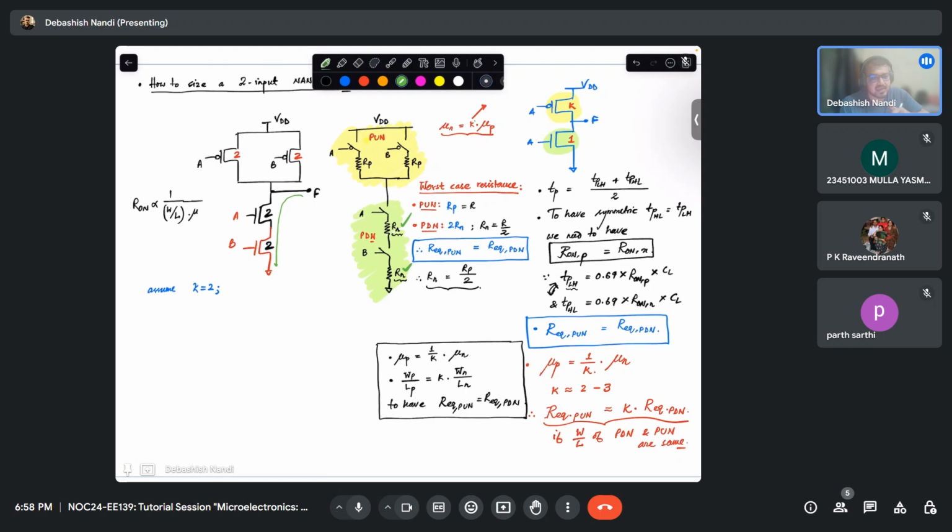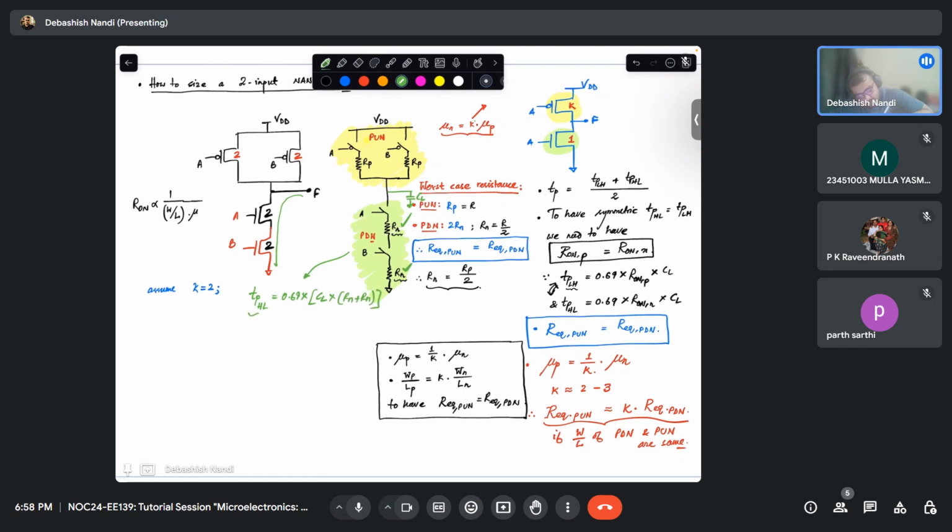So when they are conducting, think about the delay. What was the delay then? Your tP high to low would be 0.69 times CL, here is your CL, times Rn plus Rn.